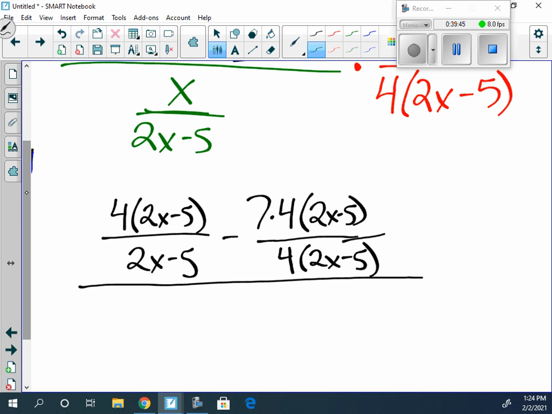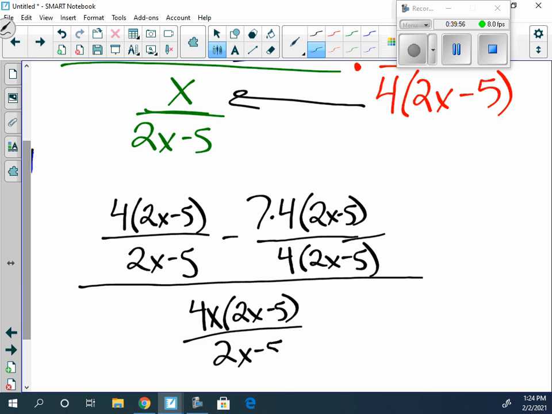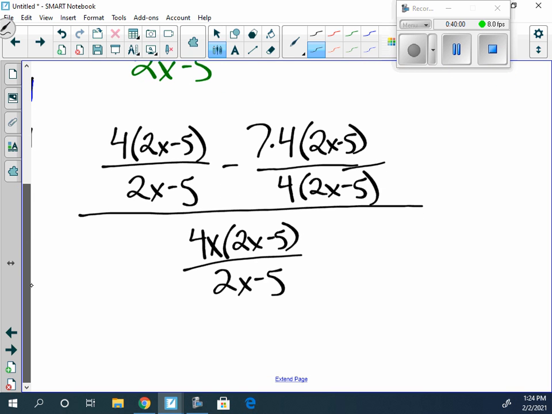Now let's do the denominator. So we'll have 4x times 2x minus 5 over 2x minus 5. So are we good with getting to this point here?